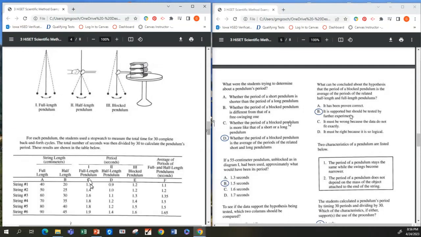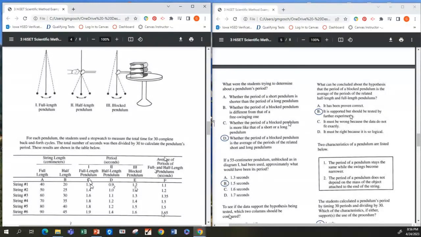Now, remember, they actually calculated that by letting the pendulum swing 30 full swings, timed that full time, and then divided by 30 to get these measures here of what the time for one swing would have been. And then they took the average of periods full and half length, and they calculated that and added in this last column. Okay, so a lot going on here.